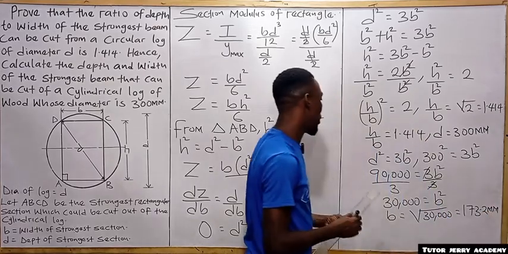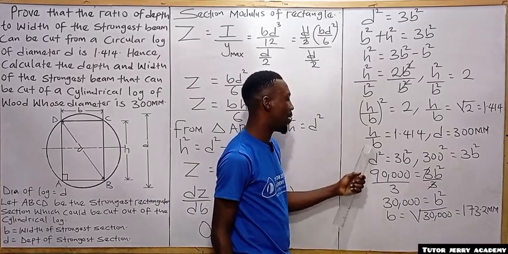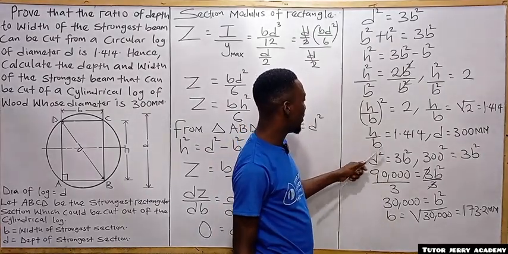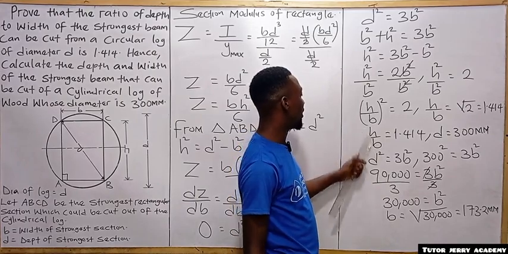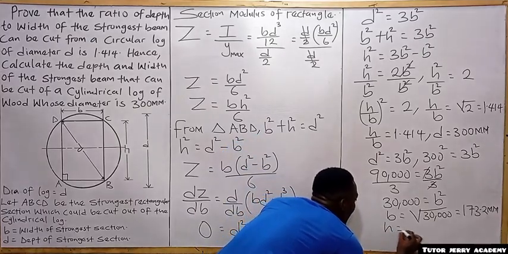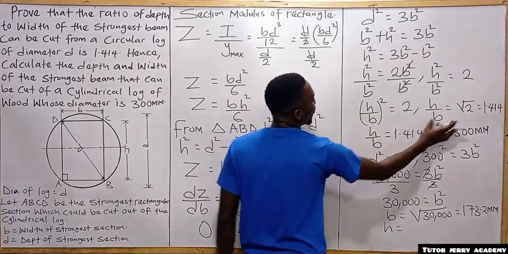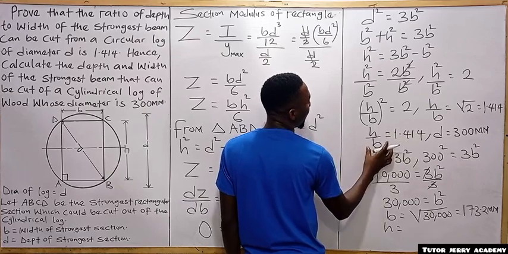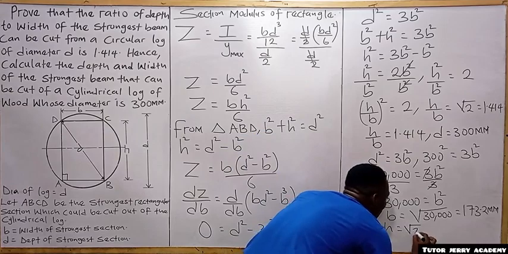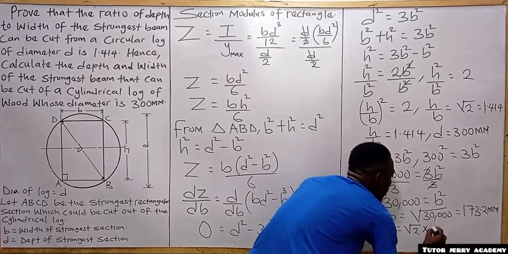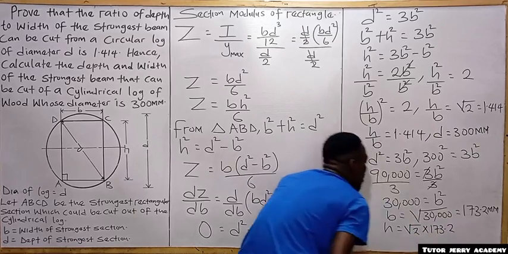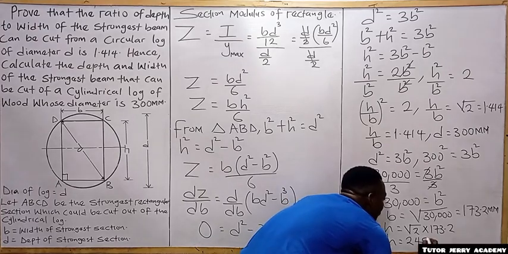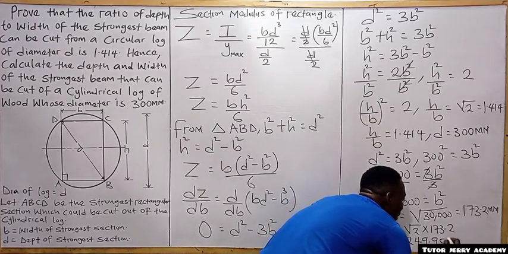All right, so now that we know what our b is, we can get what our height is as well, because from this equation here, we make h the subject. h will be equal to root 2 multiplied by b, which you can also say 1.414 multiplied by b. b is 173.2. So if you press that carefully in your calculator, you are going to have your height to be 244.95 mm.